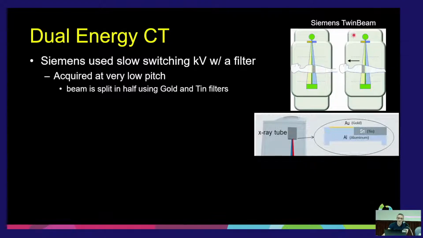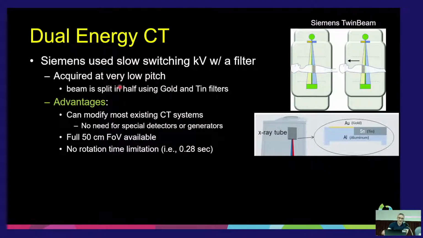And then there's what's called split beam. And so the Siemens system will actually take the normal beam and they put a filter halfway through it. And so half of the beam will have one spectrum and the other half of the beam will have another spectrum. For example, here with this tin filter versus the normal gold or aluminum filter.